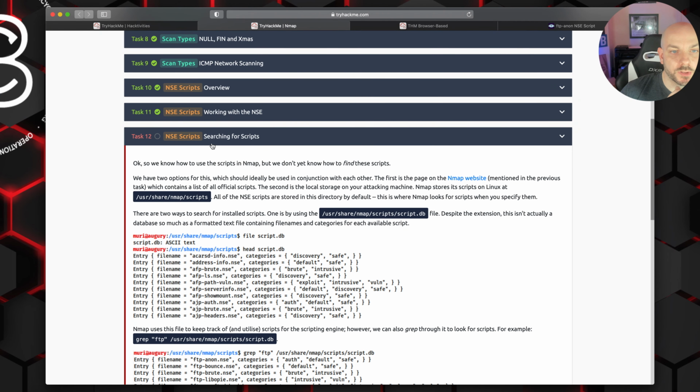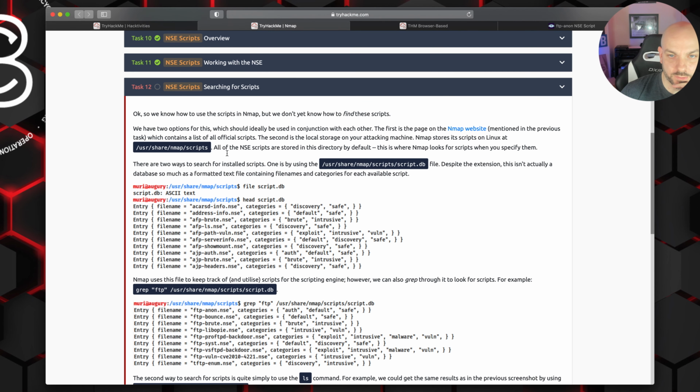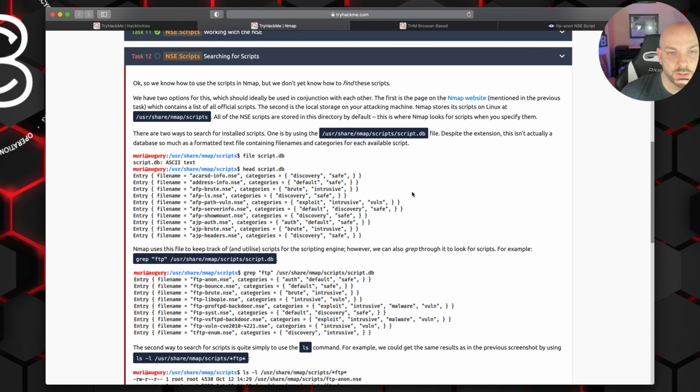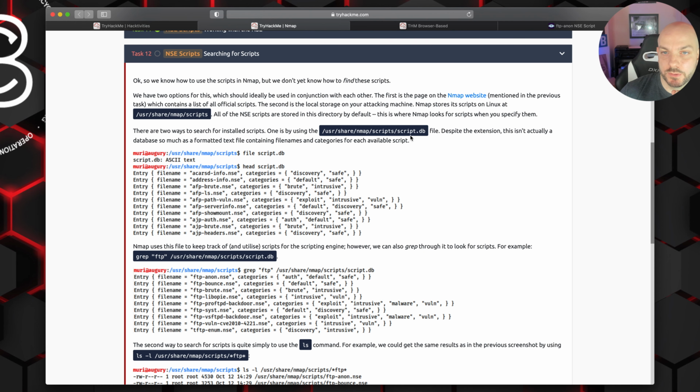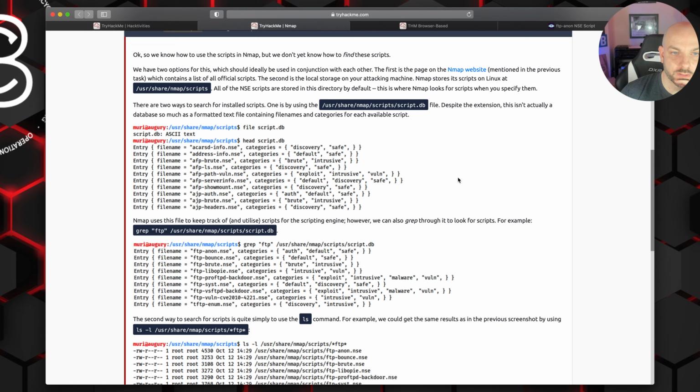All right, NSE scripts, searching for scripts. We know how to use the scripts, but we don't know how to find the scripts. So NMAP has a website. You also have local storage, /usr/share/nmap/scripts. There are 2 ways to search for installed scripts. One is by using the script database file. This isn't actually a database so much as a formatted text file.